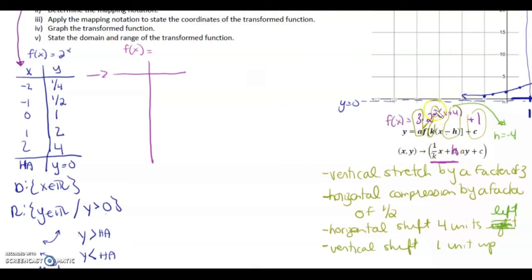Our K value is 2, so it's 1 over 2, right? 1 over K. So 1 over 2x. And then our H value is -4. We're going to the left 4. So -4. Now, A and C. Our A value is 3, so we have 3y. And then plus 1.